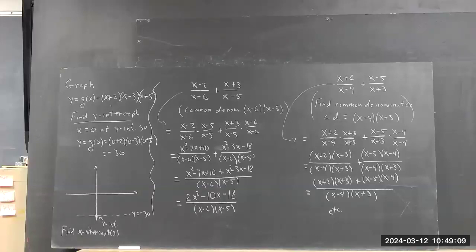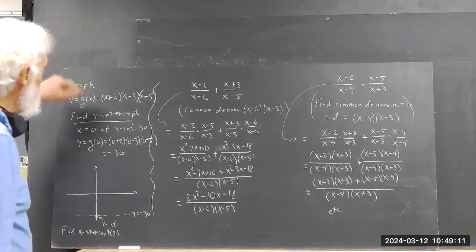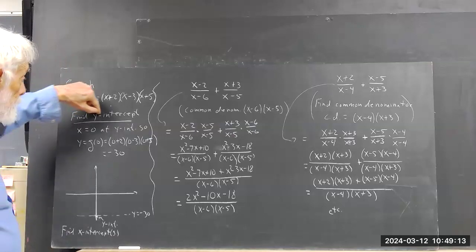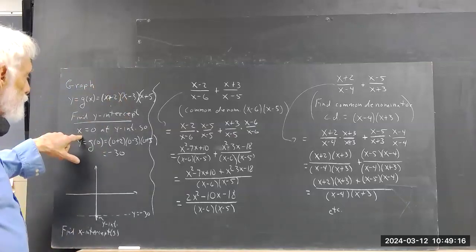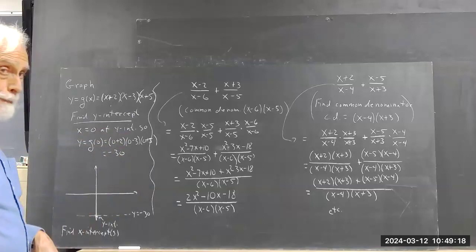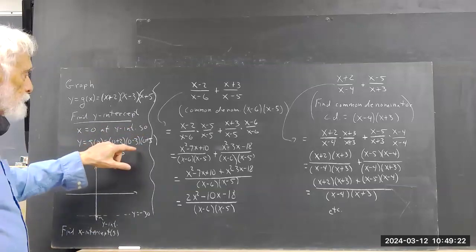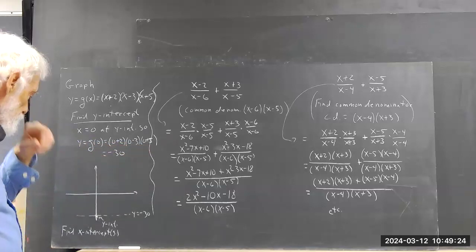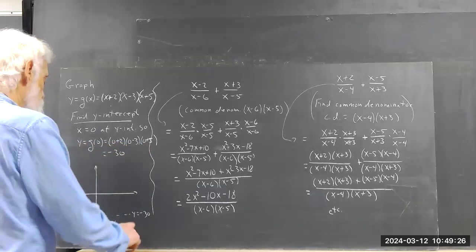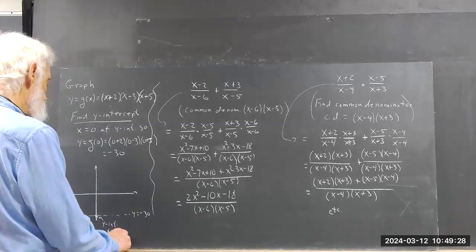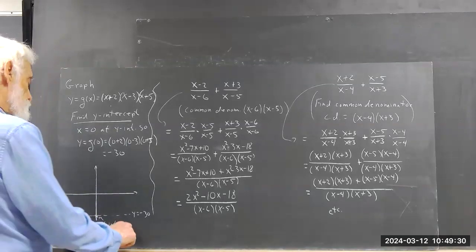We automatically say we find the intercept. So the first thing you do is find the y-intercept. x equals 0 at the y-intercept. So y is what you get when you plug in x equals 0, which is -30. Find the x-intercepts. Okay, the x-intercepts.